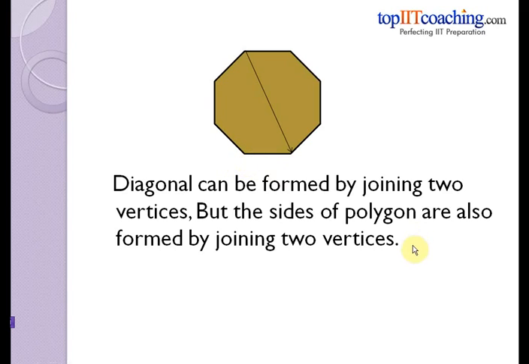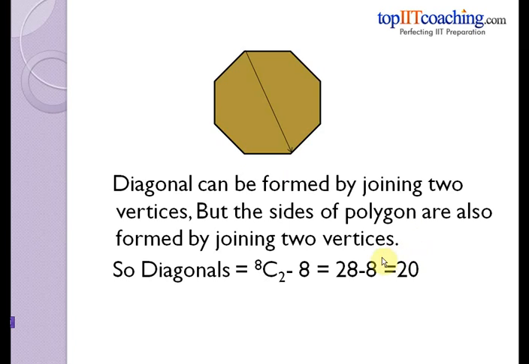So the number of diagonals can be written as 8C2 minus 8. Now 8C2 represents the number of line segments that can be formed using 2 vertices of an octagon, and 8 represents the number of sides of an octagon.